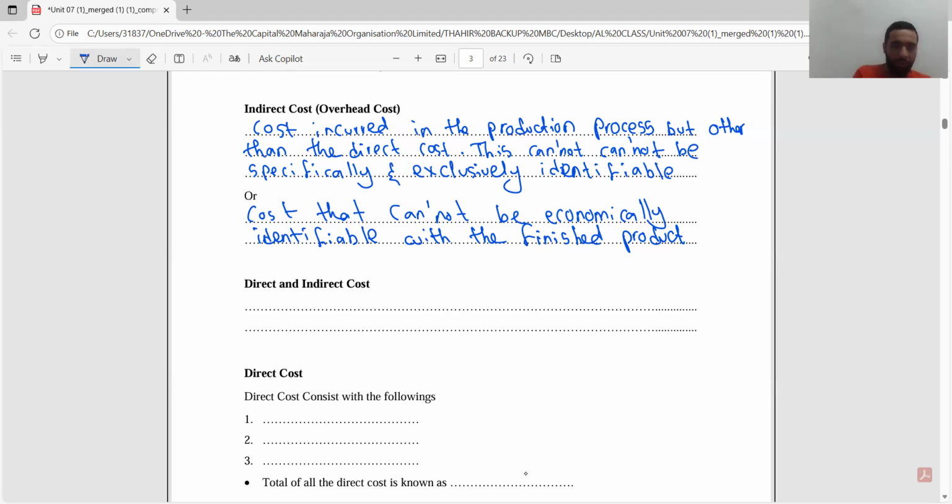Right? So we will be learning this. Just write it down. So indirect cost is something you can't identify directly. Right? Direct and indirect.